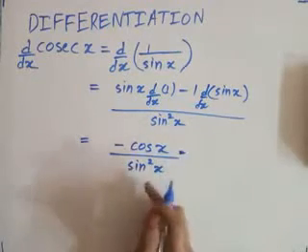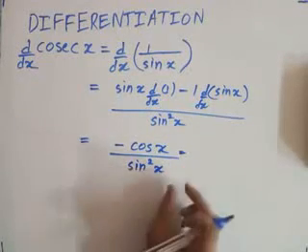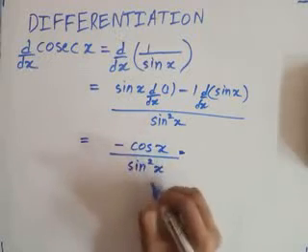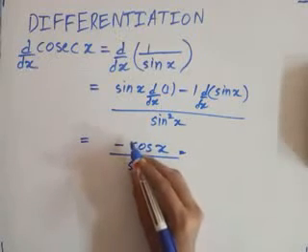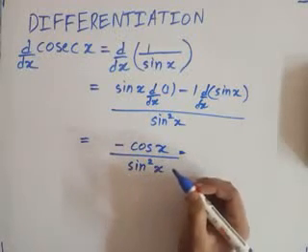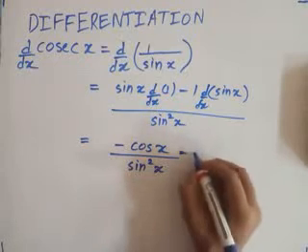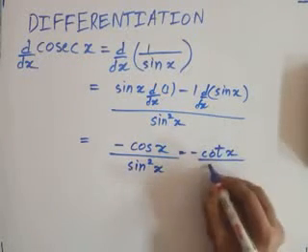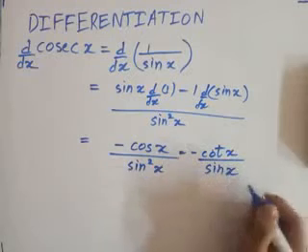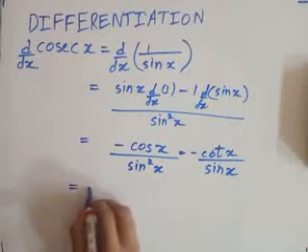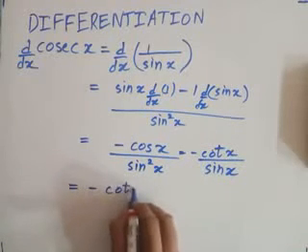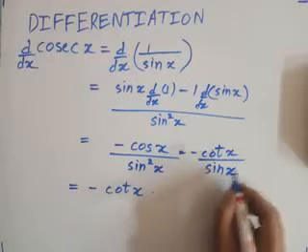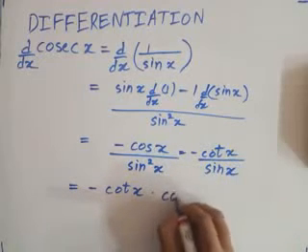Now I can separate this sine square of x as sine x times sine x, and using the fact that cos x upon sine x is cot x, I can rewrite this as minus cot x upon sine x, and this is nothing but minus cot x multiplied by 1 upon sine x, which is cosec x.